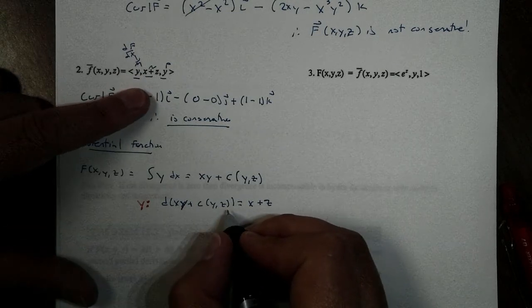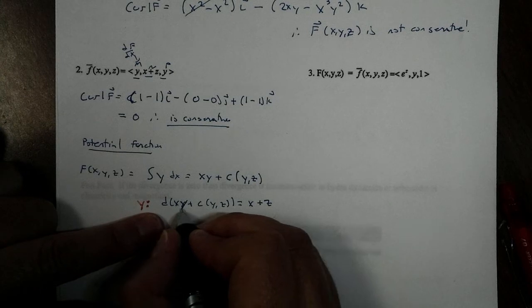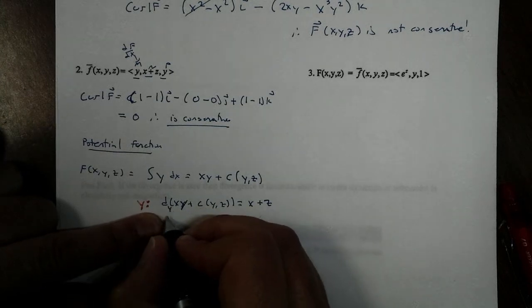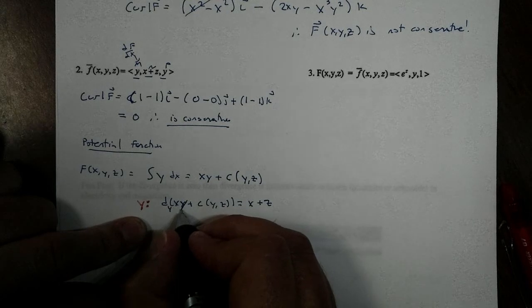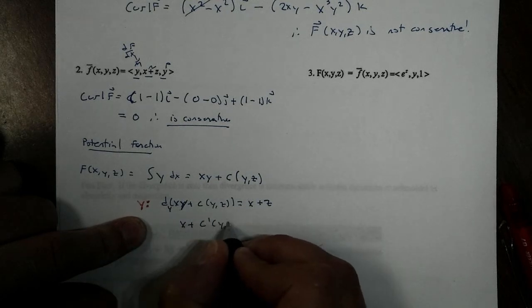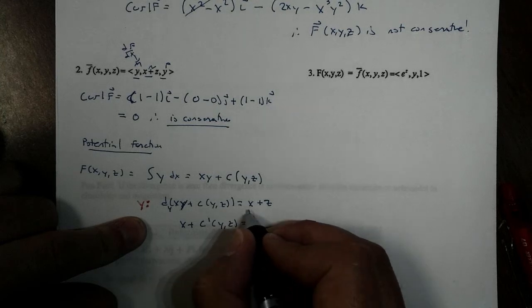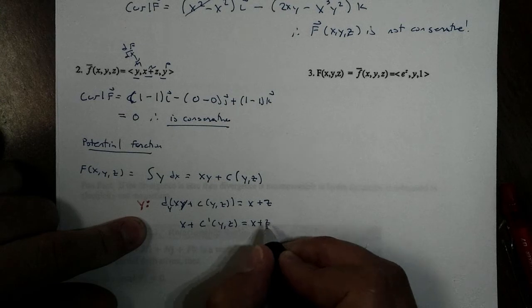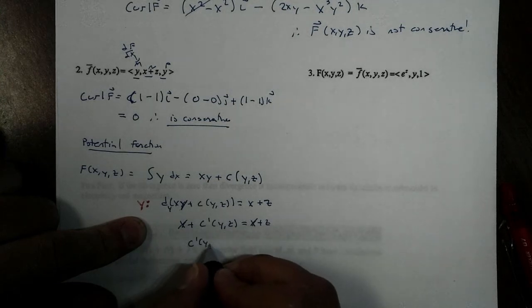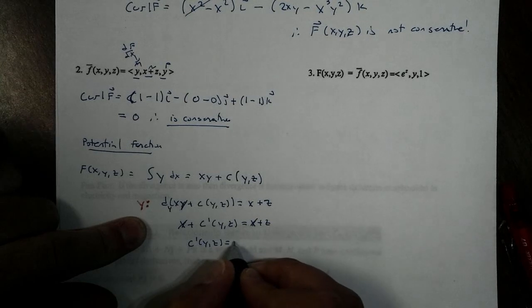And I can solve this. Well, if I take the derivative with respect to y here, that's going to give us just x plus c prime of yz equals, well, the derivative here, this is just going to be x plus z still because that's not taking the derivative. Those cancel, and we get c prime of yz equal to z.